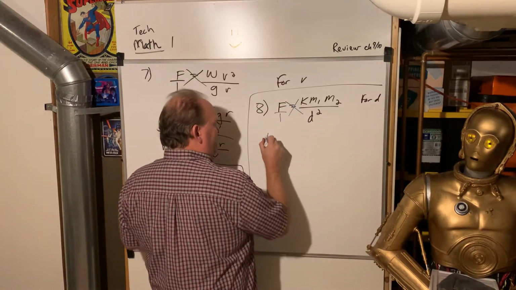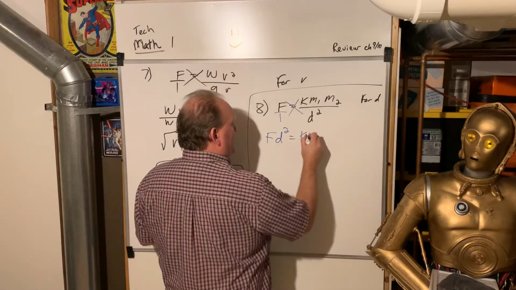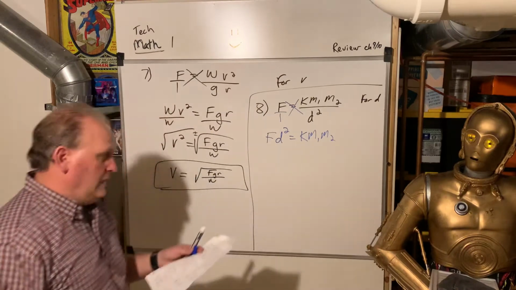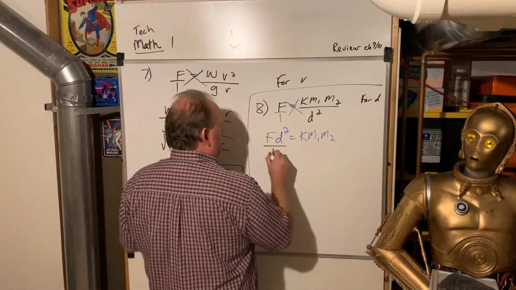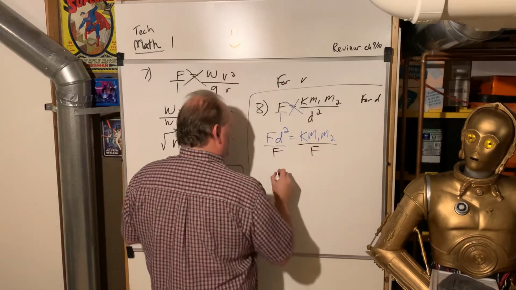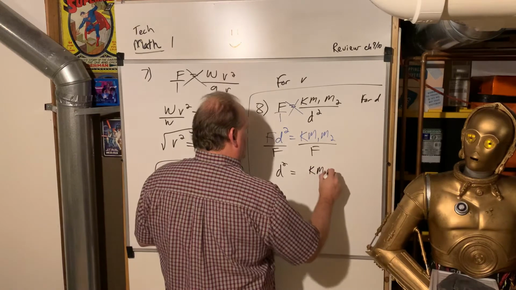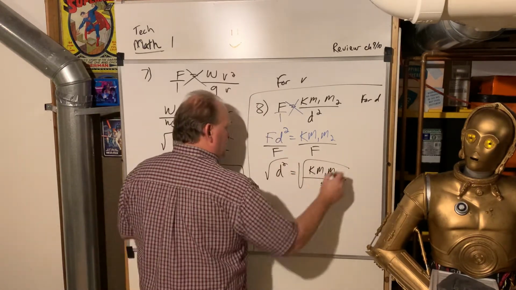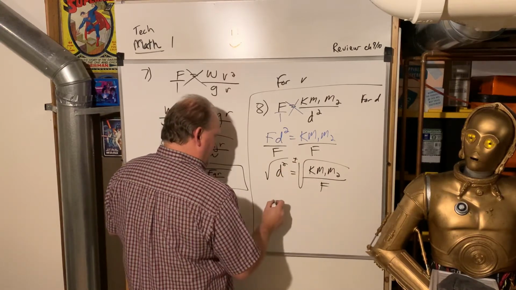So you have f d squared is equal to k m sub 1 m sub 2. And then divide by f and take the square root. So d squared is equal to k m sub 1 m sub 2 all over f, and square root both sides. Again, there really should be a plus or minus there, but we're going to disregard the negative.